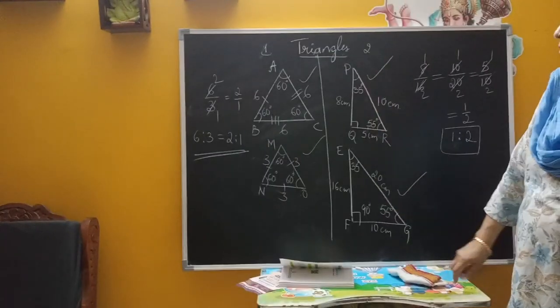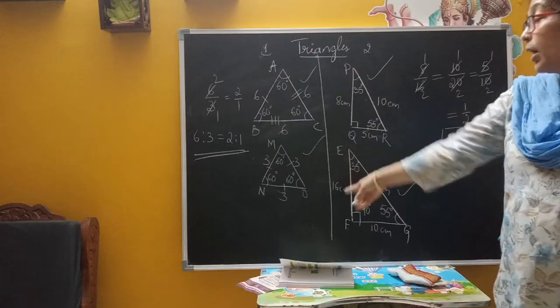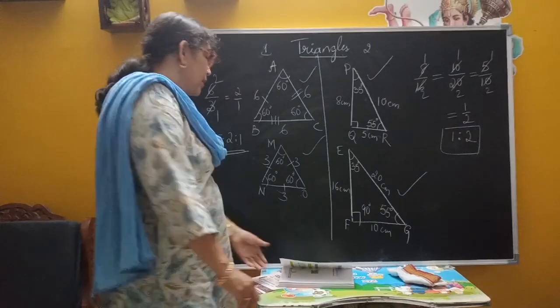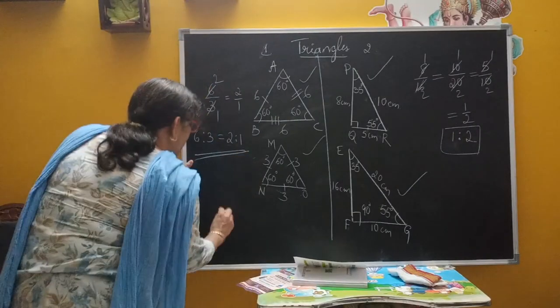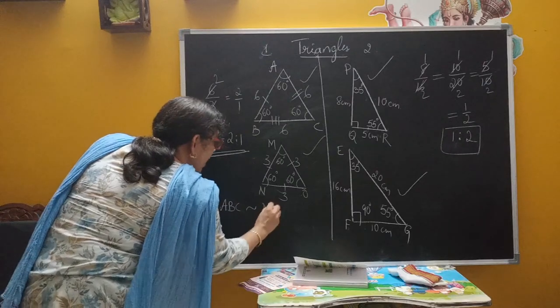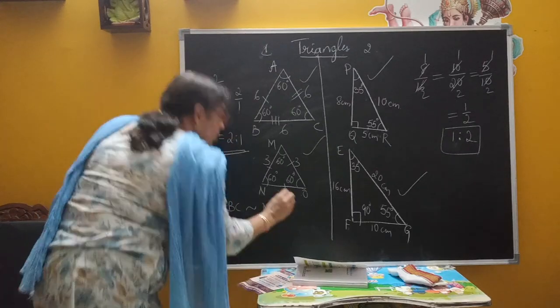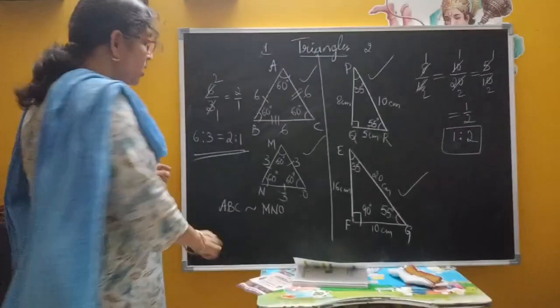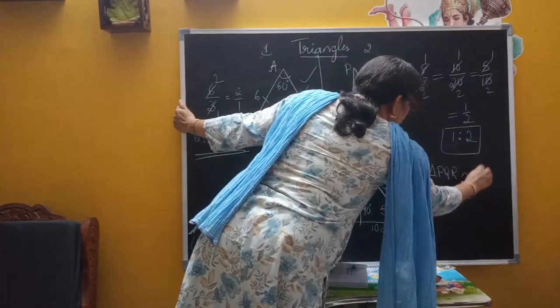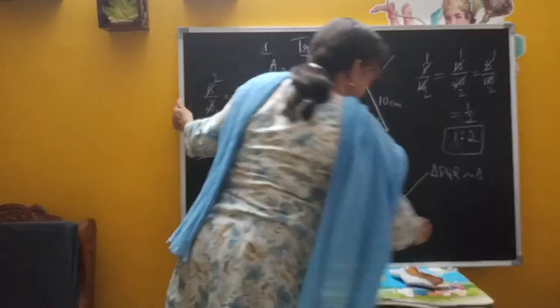Triangle ABC is similar to triangle MNO. What is the symbol to denote similar triangles? Triangle ABC is similar to triangle MNO. Here triangle PQR is similar to triangle EFG.